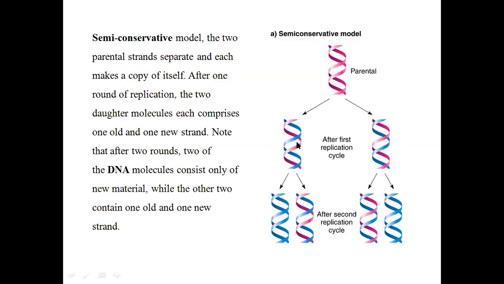Both the DNA strands will make a new strand. Similarly, both strands will be used as the mother strand, and they will replicate and produce this type of DNA double helix. Okay.